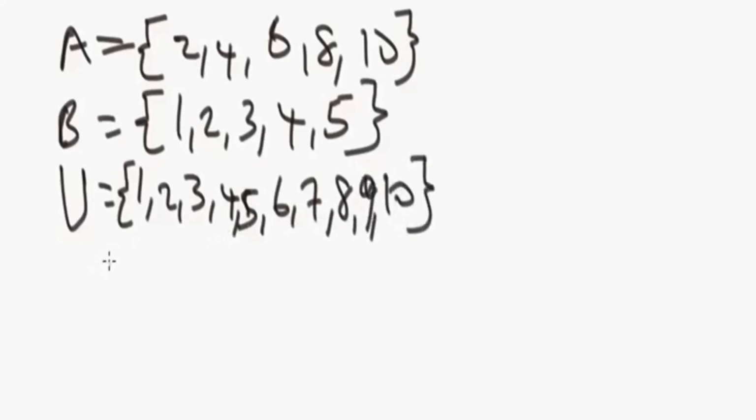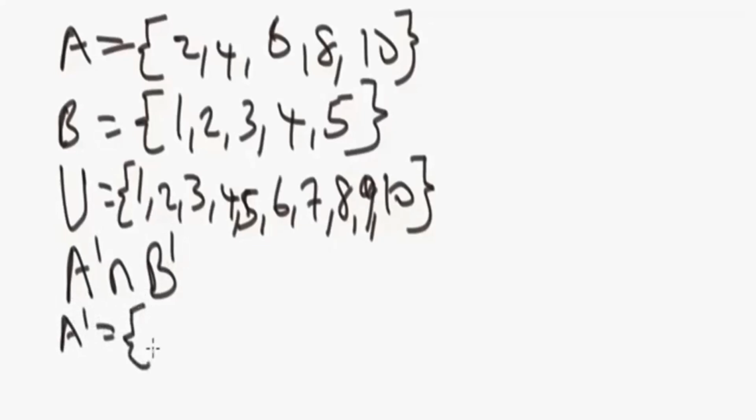We have to find A complement intersect B complement. Quickly, our A complement will be the values in the universal set that are not in set A, so we have 1, 3, 5, 7, and 9.